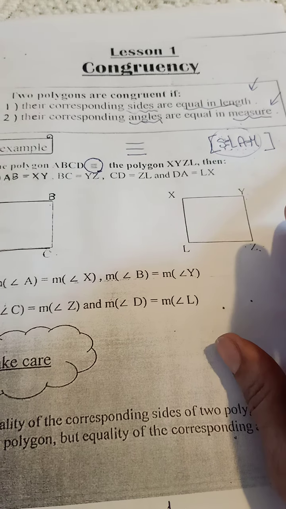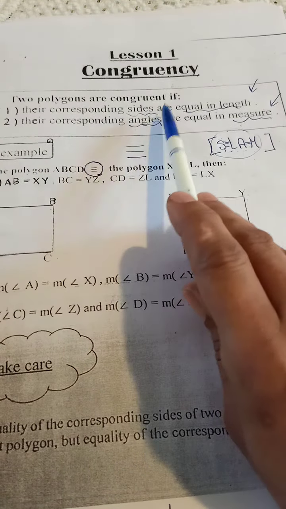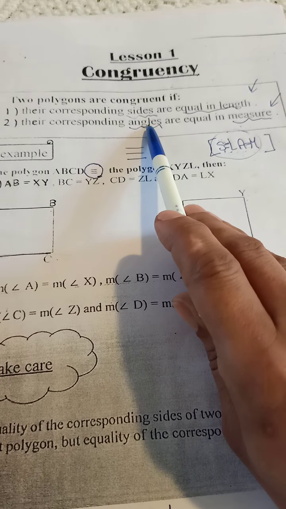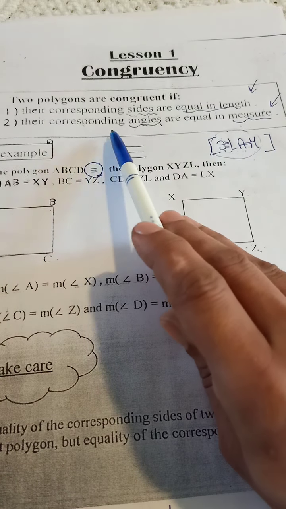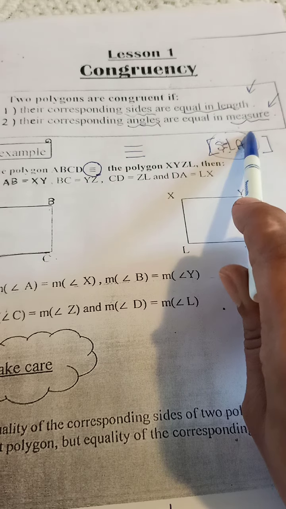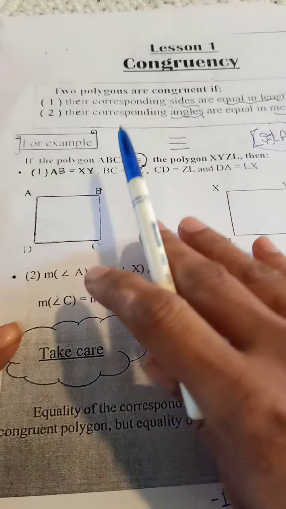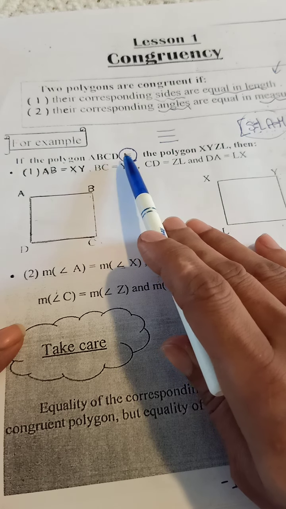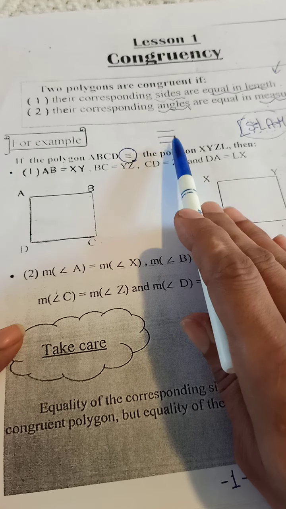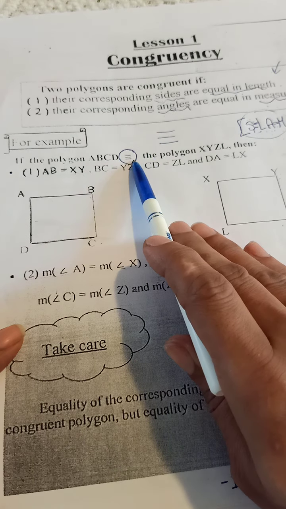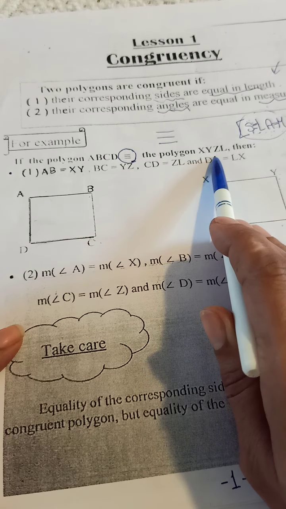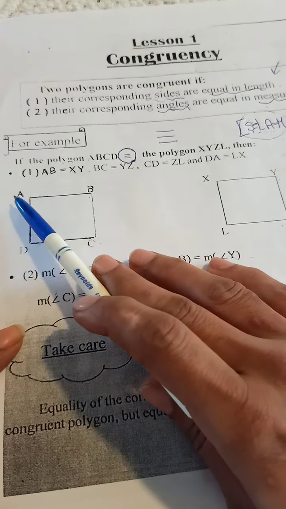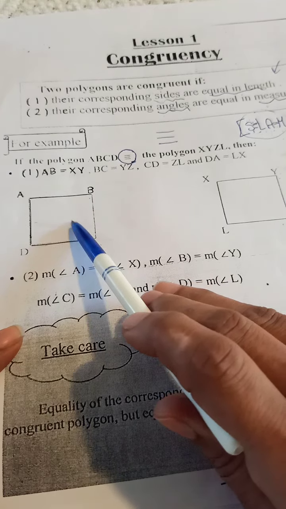Okay, so again, two polygons are congruent if their corresponding sides are equal in length and their corresponding angles are equal in measure. Let's start with the first example. If the polygon ABCD is congruent, this is the sign of congruent, to the polygon XYZL. Here are the two polygons.